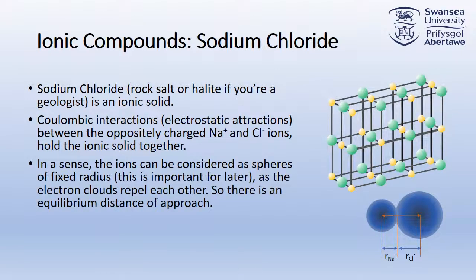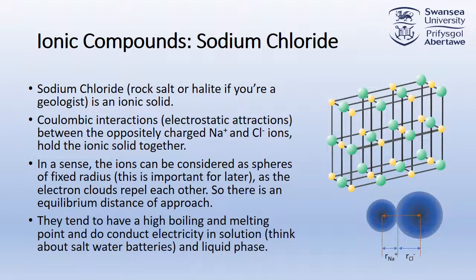Effectively, we can consider these as spheres of fixed radius, and they will approach each other until they get to an equilibrium distance of approach, when their own electron clouds start to repel each other. I should mention that those strong electrostatic attractions between the ions lead to very strong bonding, which means that they have very high melting and boiling points.